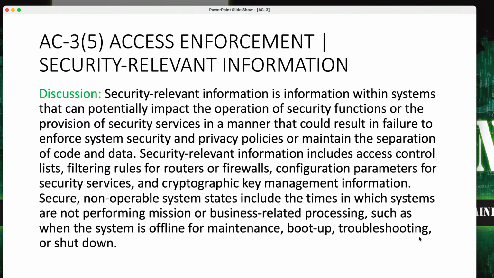So the discussion around this one is security relevant information is information within systems that can potentially impact the operation of security functions or the provisions of security services in a manner that could result in the failure to enforce system security and privacy policies or maintain the separation of code and data.